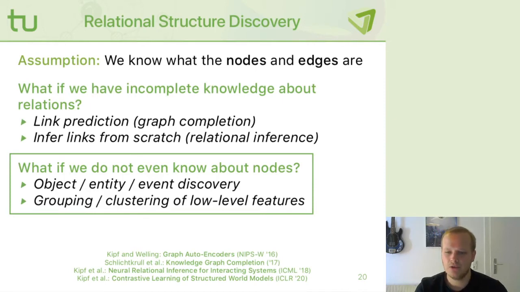So for example, we are given a scene that evolves over time, and we want to learn about objects, entities, or events in this scene, and in particular how they relate to each other to make a better prediction for the next time frame. Okay, so let us look at this now.